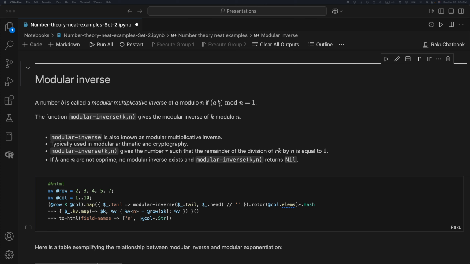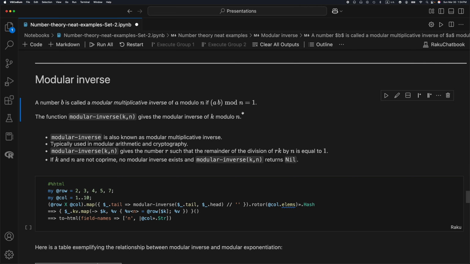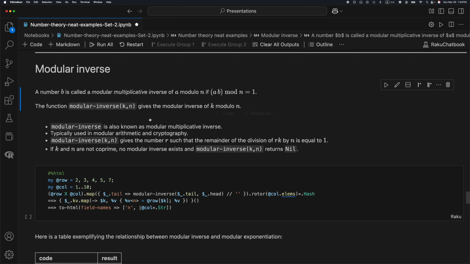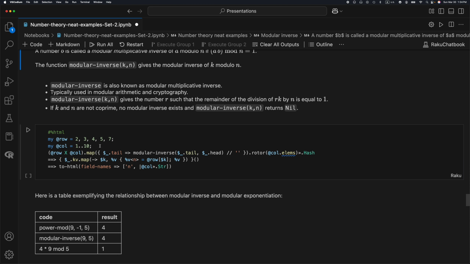We are looking for the number b, which multiplied by a mod n gives 1. So this is an inverse element in that multiplicative group of integers I was mentioning. For not all pairs of numbers k and n does a modular inverse exist. They need to be co-prime. And if they are not co-prime, modular inverse, the function of this package, returns nil.